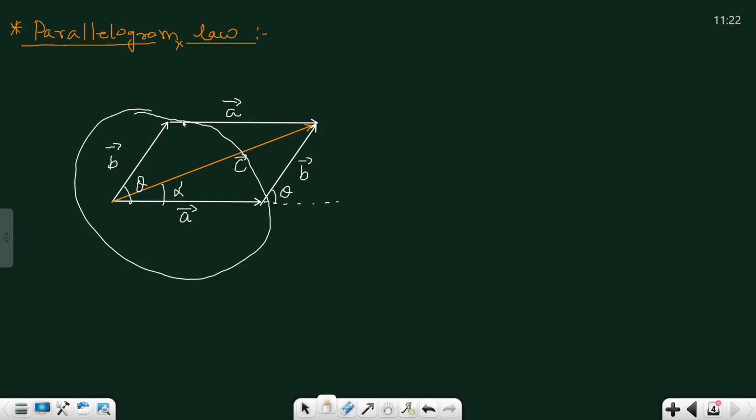And if you draw another A vector there and B vector there, you can see the other arrangement of A and B vector parallelly shifted, and this is the same vector C resulted. Okay, so parallelogram law is made up of triangle law, and in parallelogram law you can draw all possible arrangements as well as the angle.